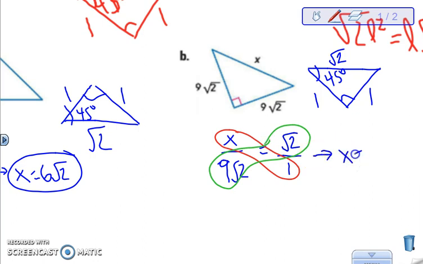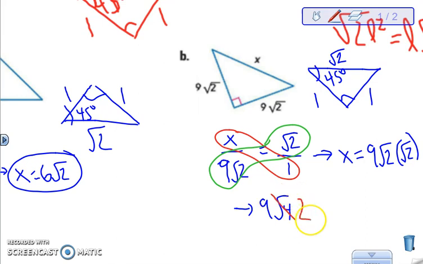So x is equal to 9 root 2 times root 2. If we multiply the numbers under the radical, you can think of that as if it says 9 square root of 4. But we know that the square root of 4 is 2. So really, 9 times 2 is 18. All right, that is all for that example.